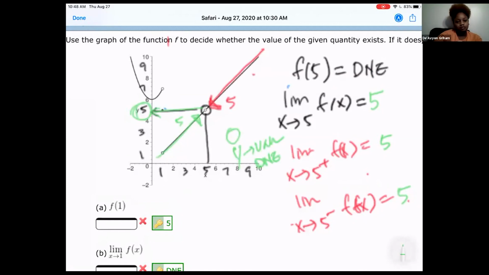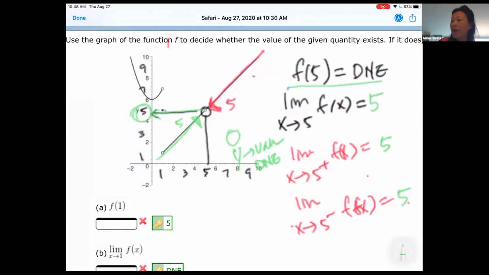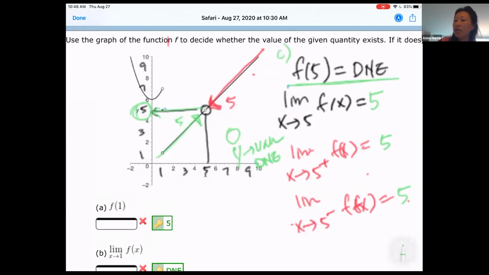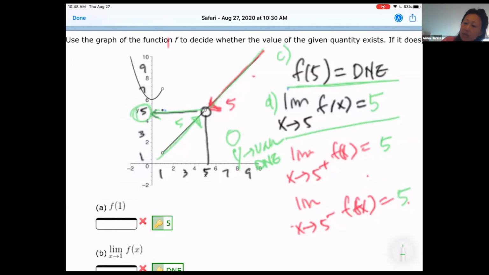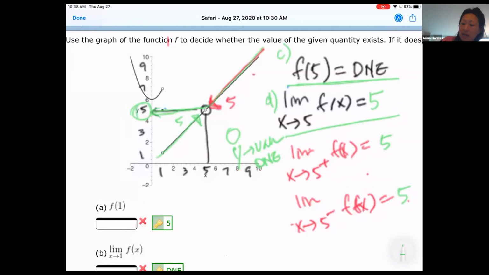That's why you have f of 5, which is letter C, you get does not exist. But for letter D, you get equal to what? 5, because I don't have a y value, but the limit means looking from the right-hand side of the graph and the left-hand side of the graph and seeing where y is approaching. This is approaching which number? 5. This is approaching which number? 5.